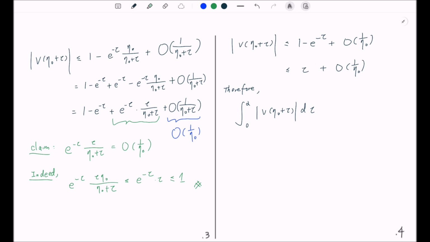Using this upper bound, using antiderivative, this is alpha squared divided by 2 plus, for the other term, big O of alpha divided by eta naught.